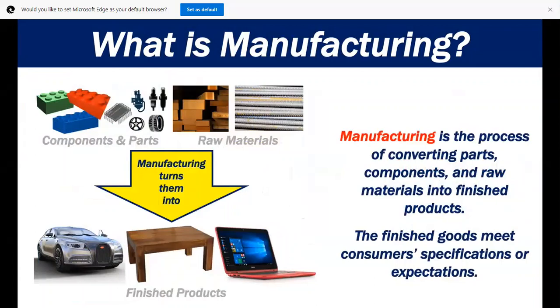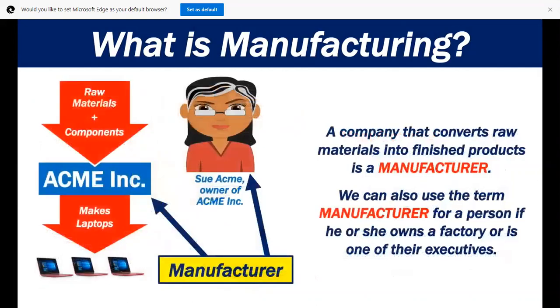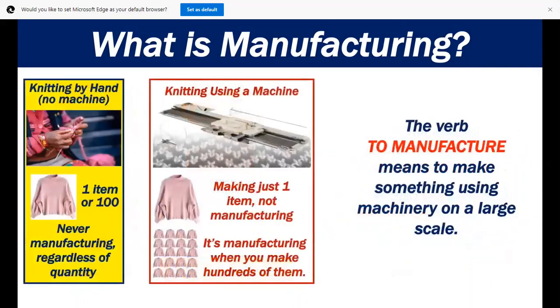The finished goods meet consumer specifications or expectations. A company that converts raw materials into finished products is a manufacturer. We can also use the term manufacturer for a person if he or she owns a factory or is one of their executives. The verb to manufacture means to make something using machinery on a large scale.